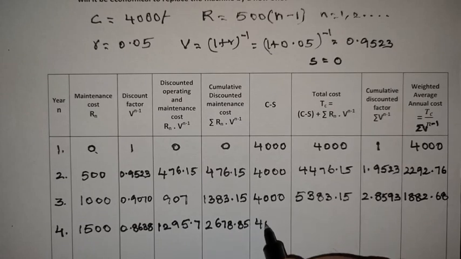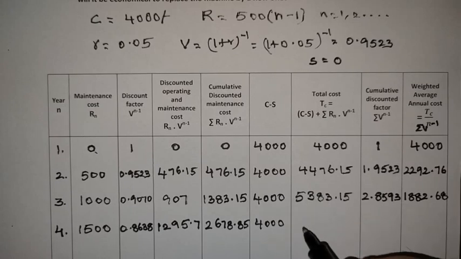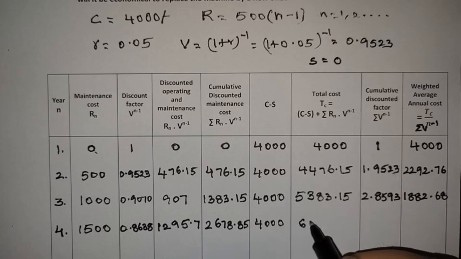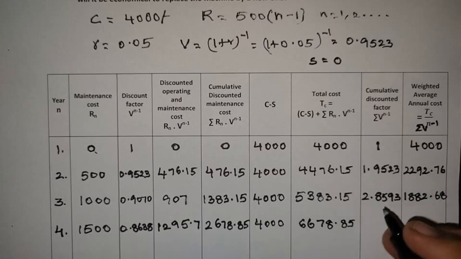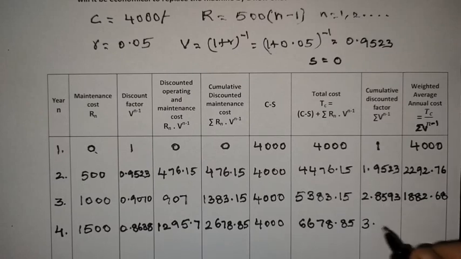C minus S is 4,000. Adding these two, total cost is 6,678.85. Sigma V power n minus 1 is 2.8593 plus 0.8638, which gives 3.7231.